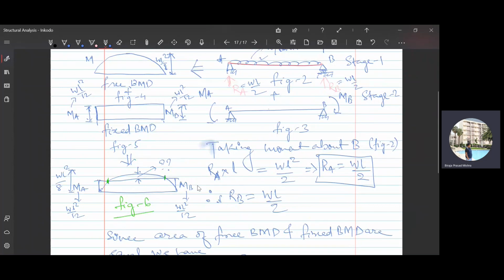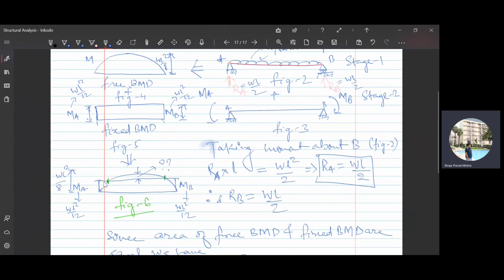Okay. Now we need to determine the point of contraflexure. Okay. So you can give the heading, point of contraflexure. Now, let us, okay, so here you see, what is this value?